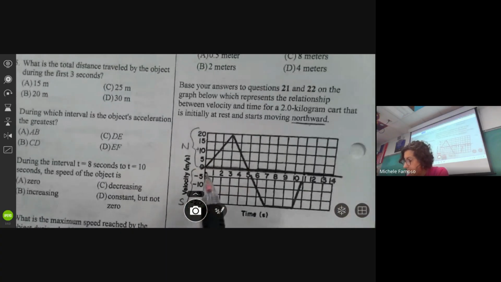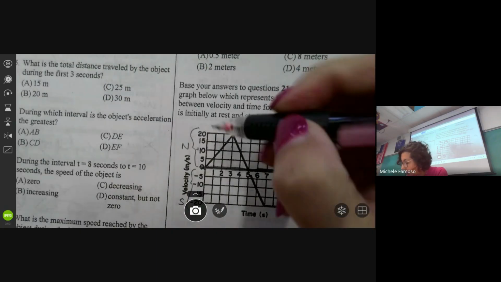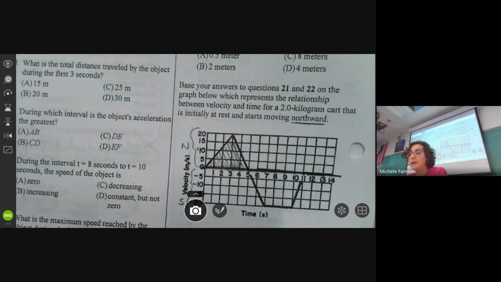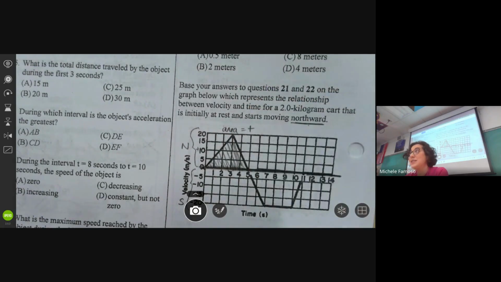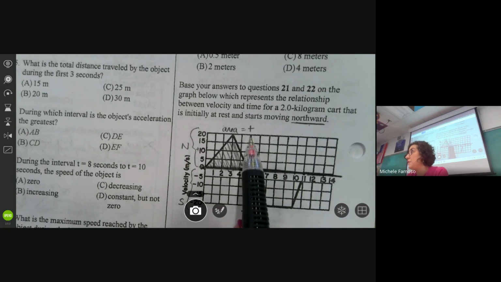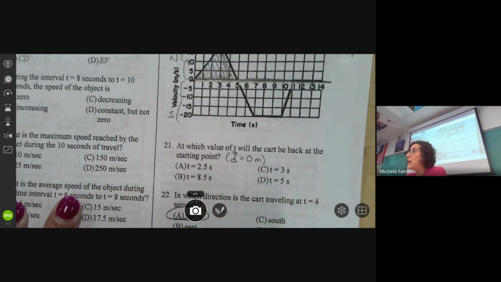And I notice that anywhere between 0 and 5 seconds, I'm going to end up with a positive amount of area. That area is positive. It's not 0. In order to get a 0 area, a 0 displacement, I'm going to have to add something negative to this positive amount, which means I need to go beyond 5 seconds.